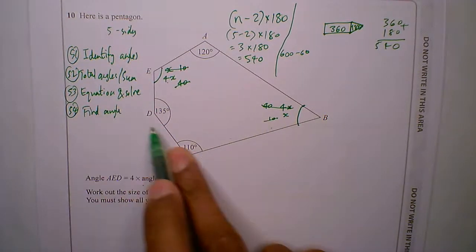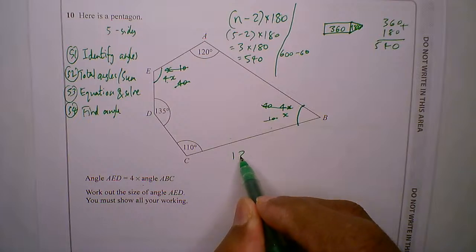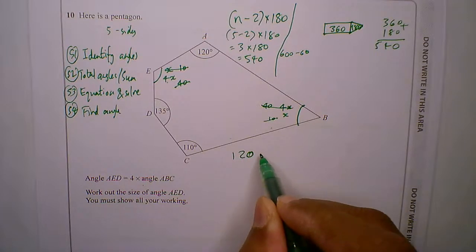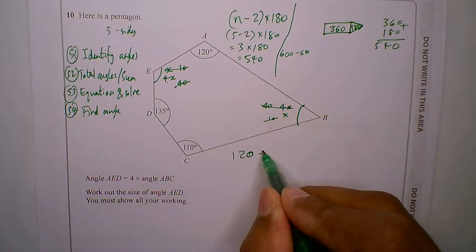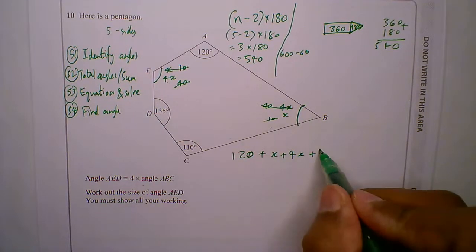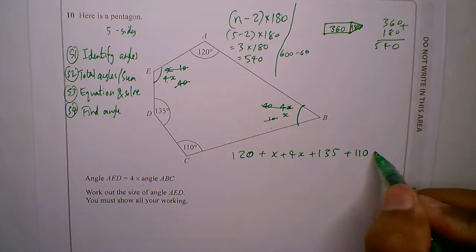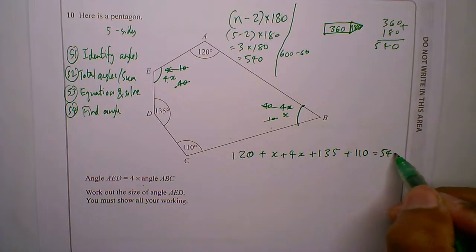Now I need to turn this into an equation. So I know all of this adds up to 180 plus x plus 4x plus 135 plus 110 gives me 540.